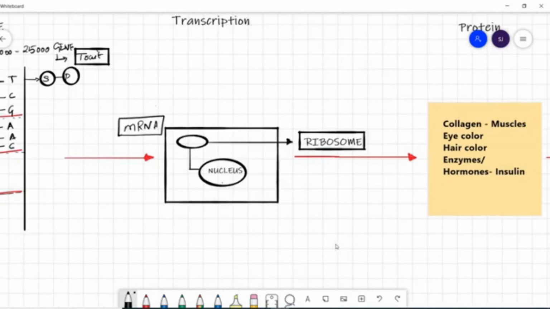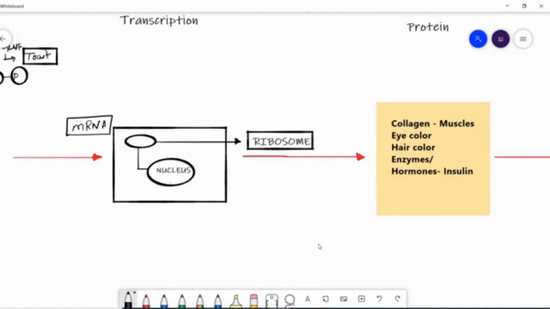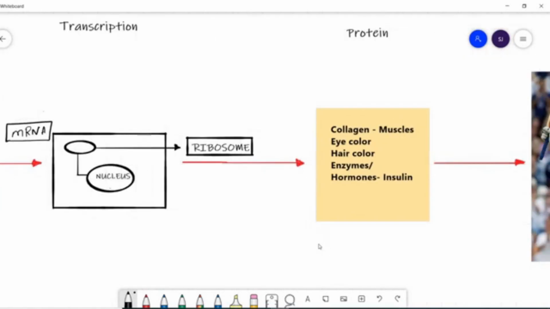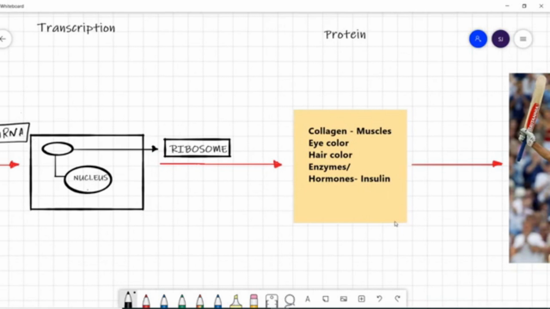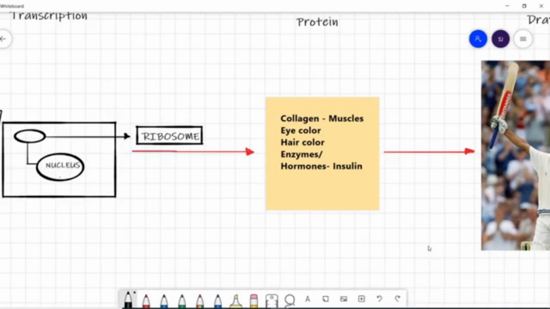For example, your eye color, hair color, hormones, how your body muscle composition is, everything in your body is because of proteins, and hence that gets translated into your outer appearance. A collection of all these traits and all these proteins makes a human being.